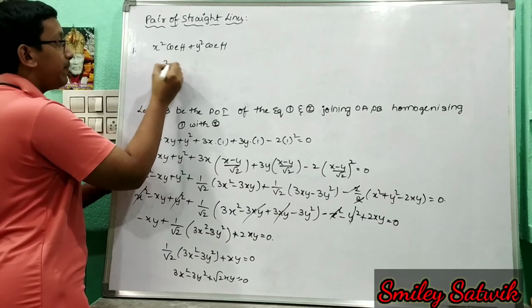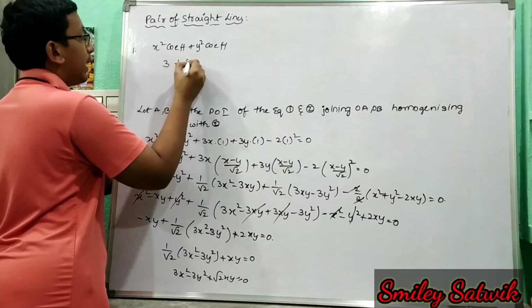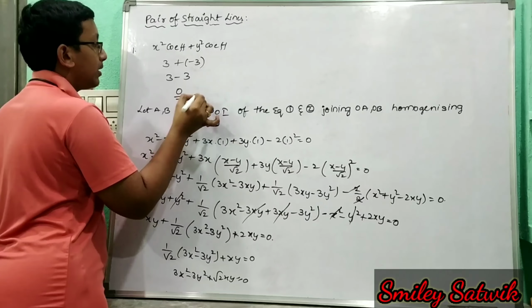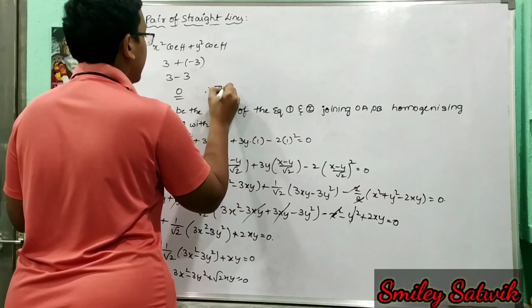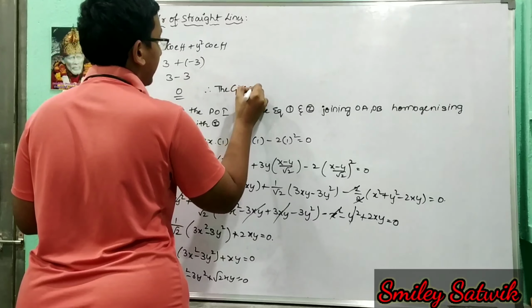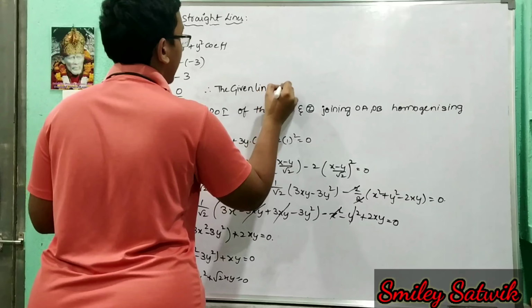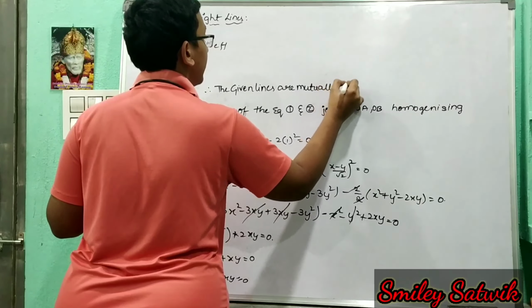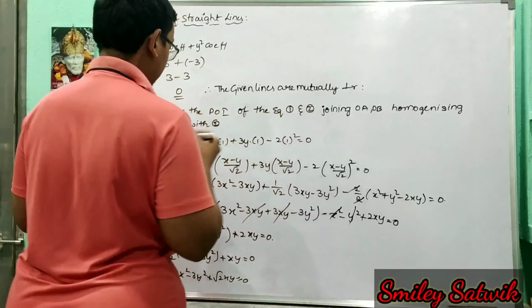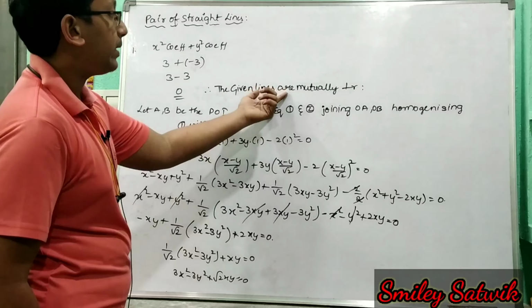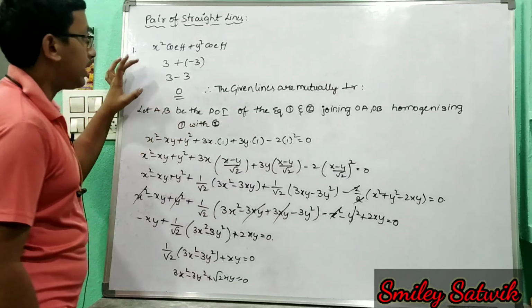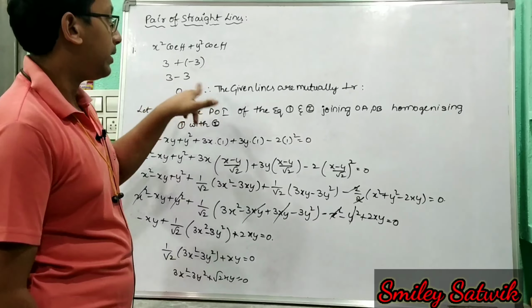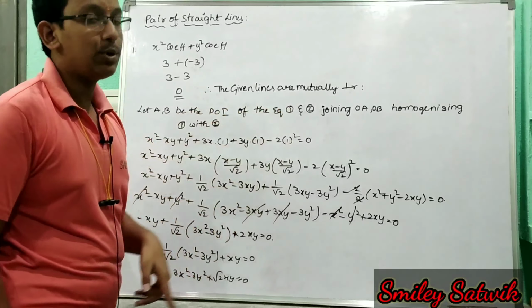So 3 plus minus 3, 3 minus 3 gives you 0. Therefore the given lines are mutually perpendicular. This is the ending point you have to write. First of all, the given equations must be written, then at the last, after proving it is 0, you should write that the given lines are mutually perpendicular.